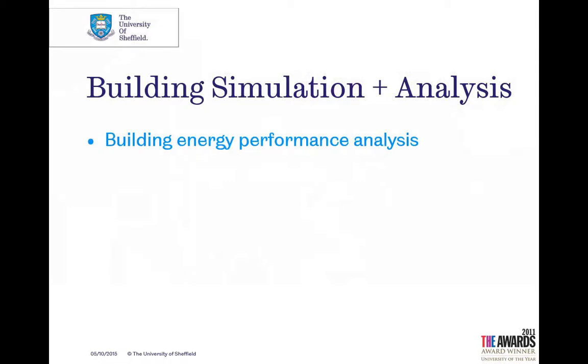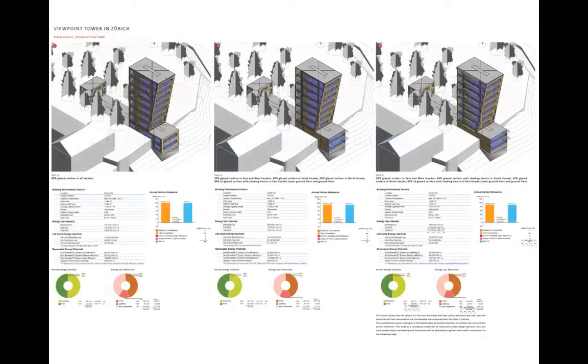Building energy performance analysis. So we start fairly early in the module with what we call conceptual energy analysis. What we mean by that is being able to test the energy performance of a building without having a detailed design.